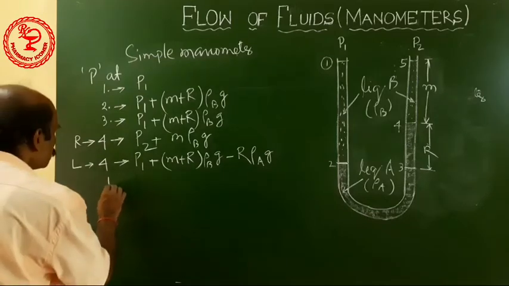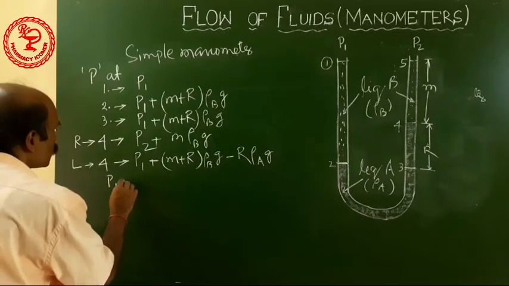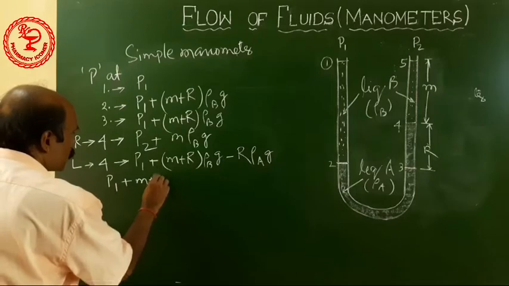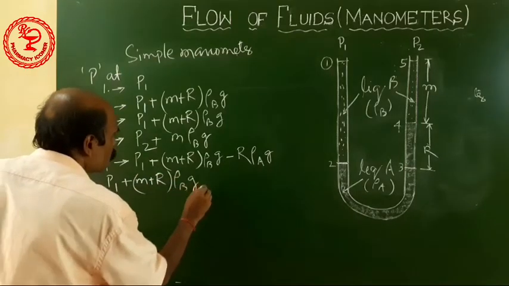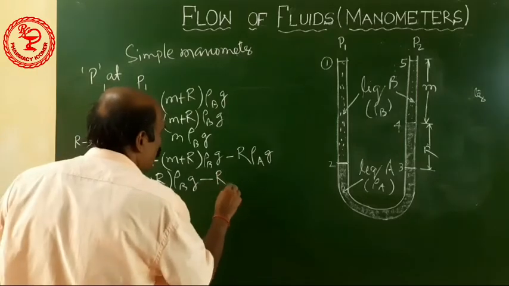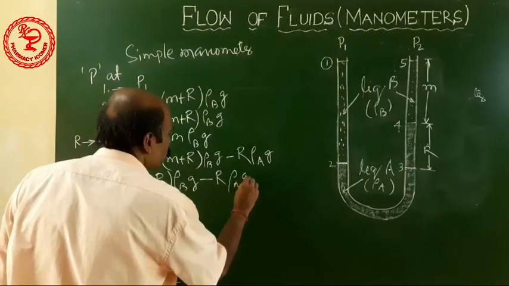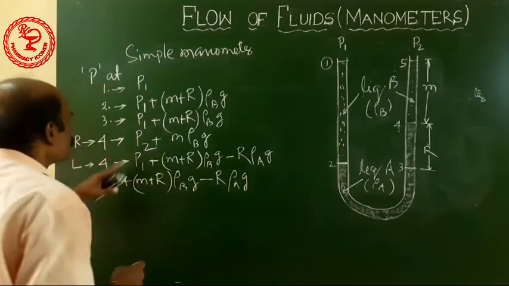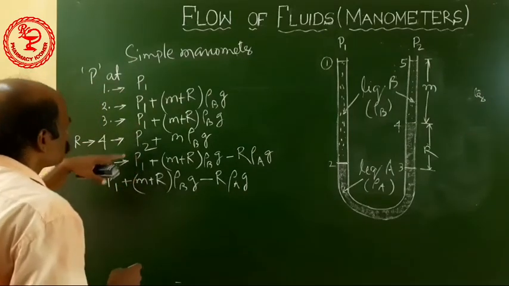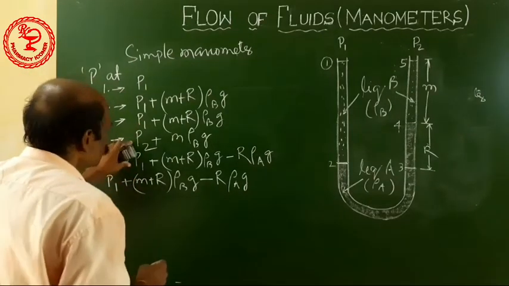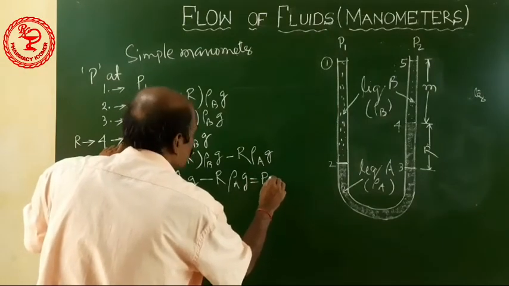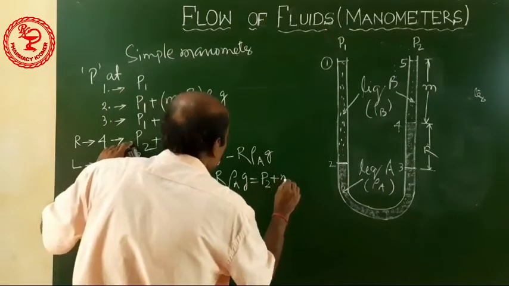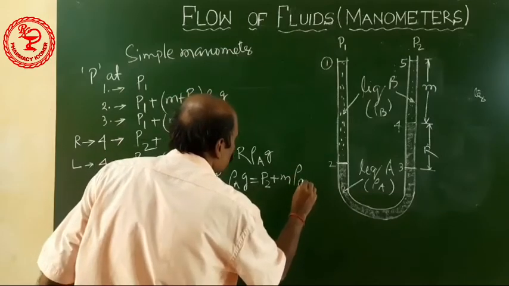So P1 plus (m plus r) into rho b g minus r rho a g will be equal to P2 plus m rho b g.